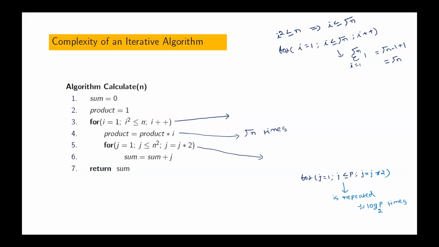Now, instead of p, what do we have here? Instead of p, we have n squared. Now, can you tell me how many times it is repeated?